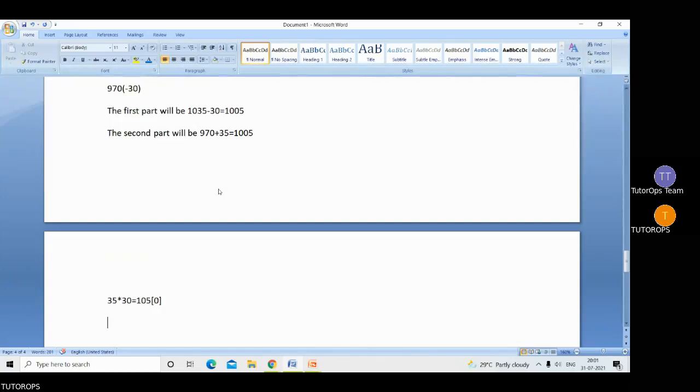Now the method will be similar. What is the nearest base? 1005, and there will be another two numbers. I am subtracting the multiplication from the nearest sub base, so the result will be 100395.